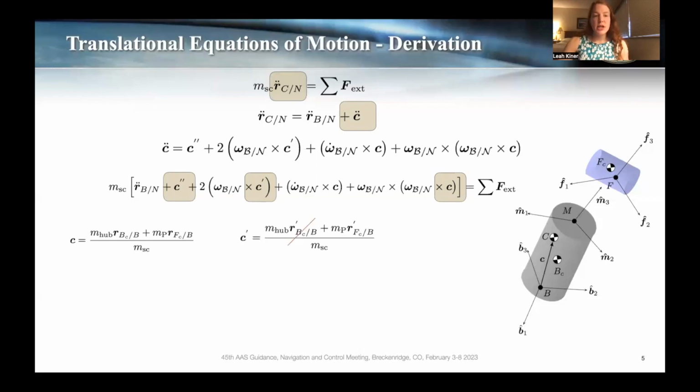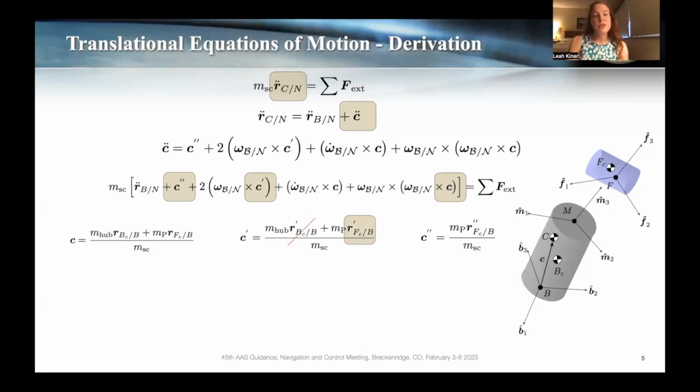And then we essentially take our B frame time derivative here, and we can note that because these are rigid bodies, any time derivative taken in the respective body frame of the center of mass location of this body is always going to be 0 with respect to the origin of our respective frame. So then we can take our second B frame derivative, and we have these quantities.